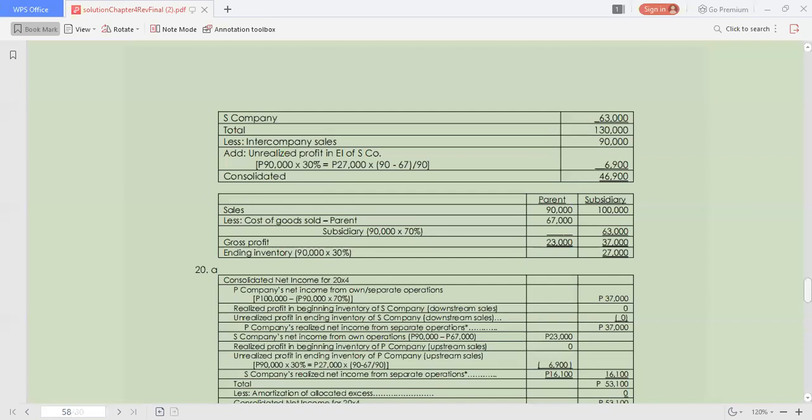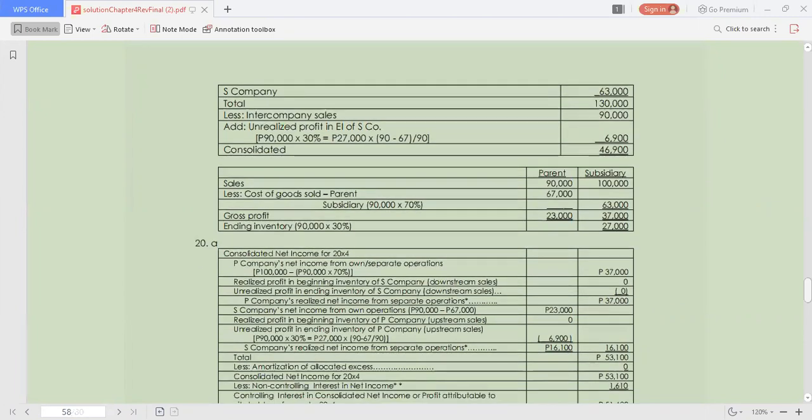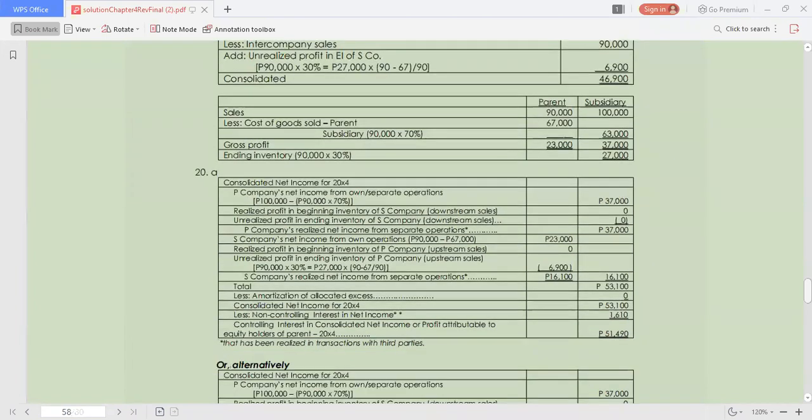So that number 19, number 20, the answer is letter A for 51,490. Actually, in number 20, we are now asked to determine the amount of controlling interest in the consolidated net income. So we have now P company's net income from own or separate operations of 100,000 minus 90,000 times 70%.